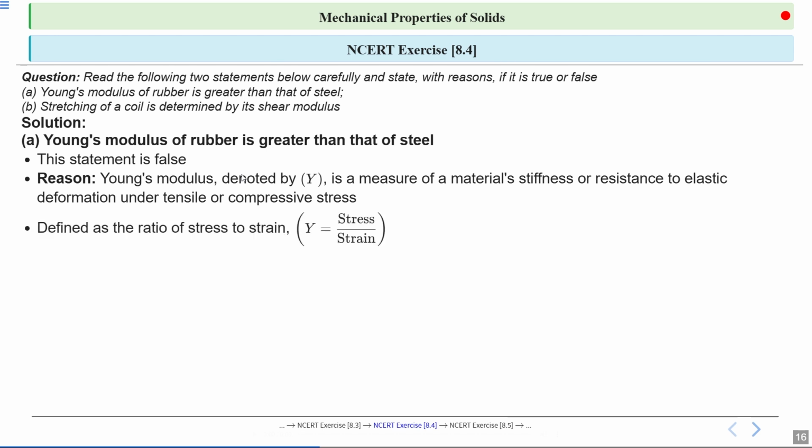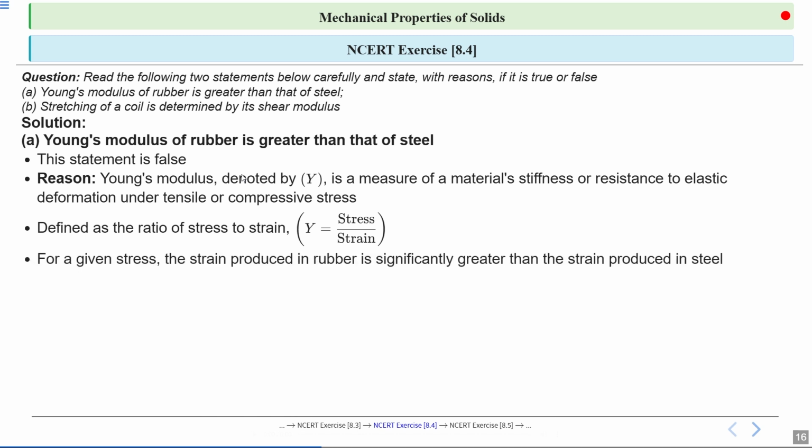The formula for Young's modulus is Y equal to stress divided by strain. So for the same amount of stress, rubber stretches much more than steel does. That means the strain in rubber is much higher than in steel when you pull them with the same force.